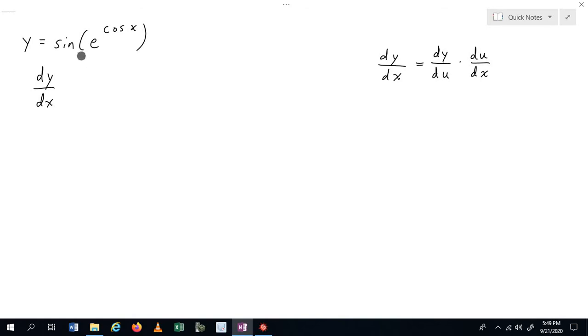Okay, so what we're going to do is let u be the inner function in this composition. So in this case, the inner function would be this one, e raised to the cosine of x. So I'm going to let that be u. Then the outer function would be just sine of u, because this is equal to u.